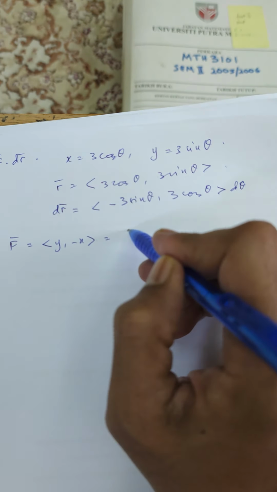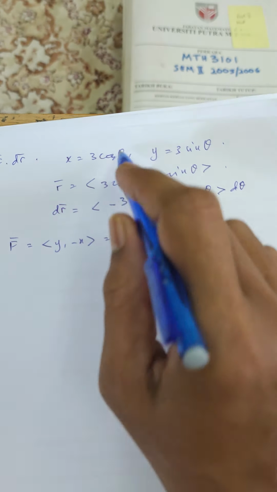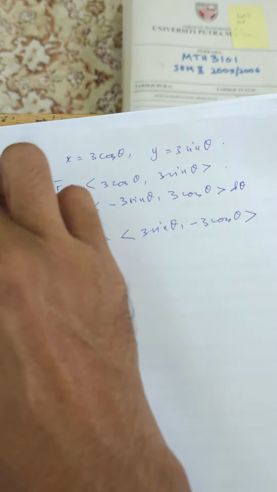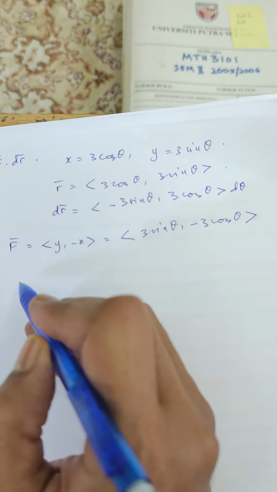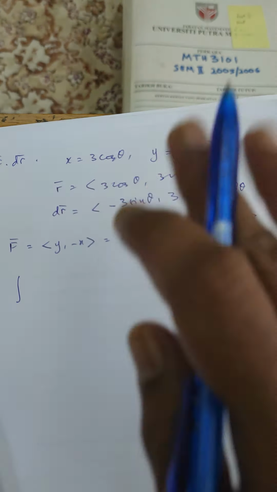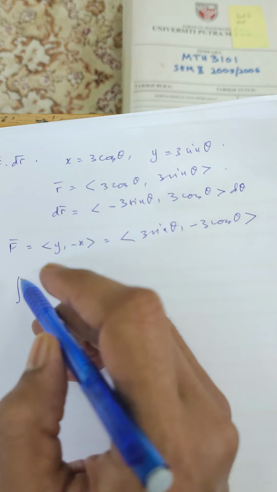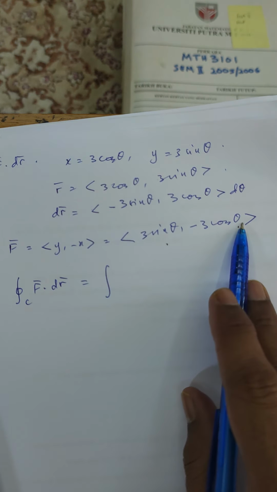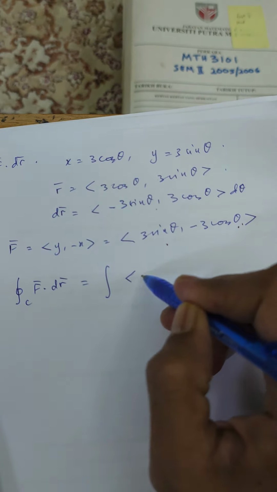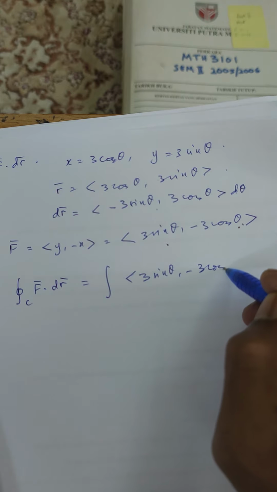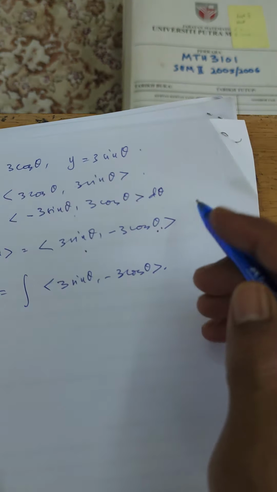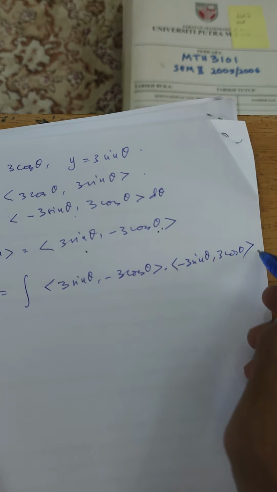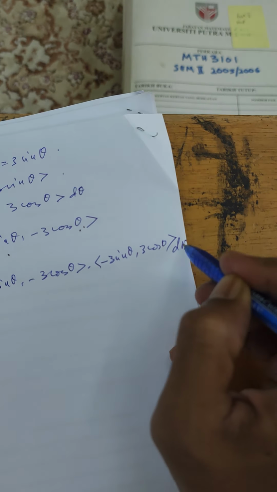That gives you y is 3 sin theta, x is 3 cos theta, with the negative sign. Therefore we integrate over the circle F dot dr, that gives you 3 sin theta, negative 3 cos theta, dot your dr, negative 3 sin theta, 3 cos theta d theta.